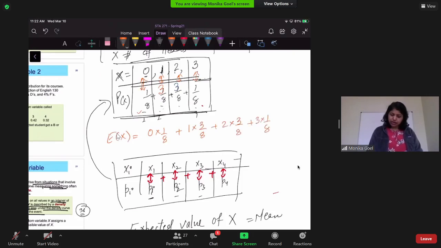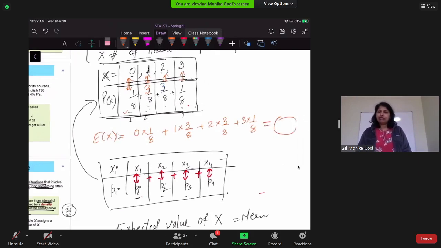So you multiply the values, x1 with their pi's, and then just keep on adding. And when you solve it, you will get the expected value of that random variable x. So here we are talking about x as the number of heads. So we are looking at the expected value, or mean, of the number of heads that you get. When you solve it, you get it.